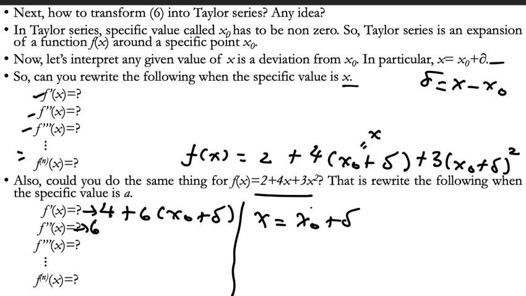Now, you see x0 here is fixed because it is a chosen number, a specific point. So x0 is fixed. So the particular x here can only increase or decrease if delta increases or decreases. So what we can say here is that delta is a variable.